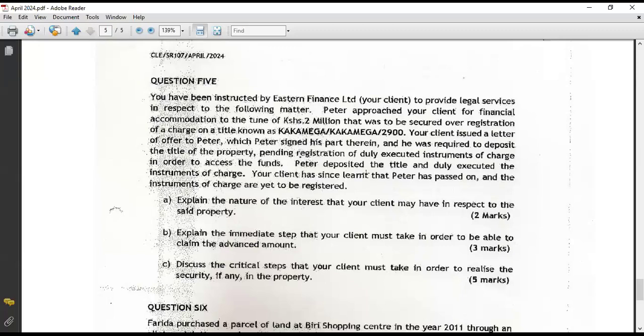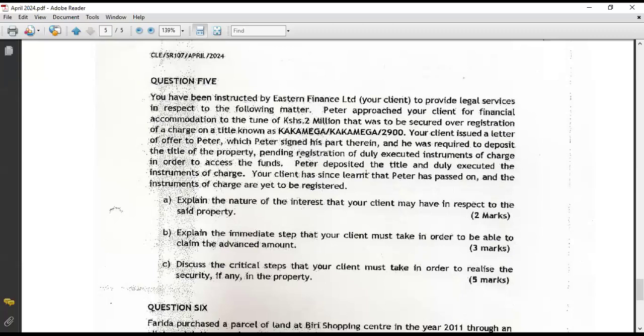So, Helen, how do you interpret this question? The process of creating a charge had begun. Completion documents were exchanged. The secured amount was also exchanged, but the problem is that the chargor died. So there is uncertainty on how that money will be recovered.